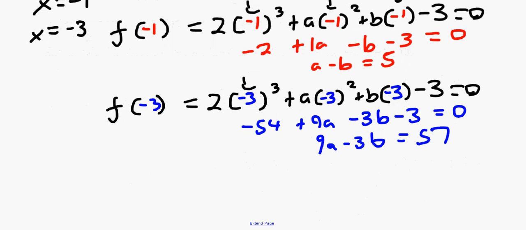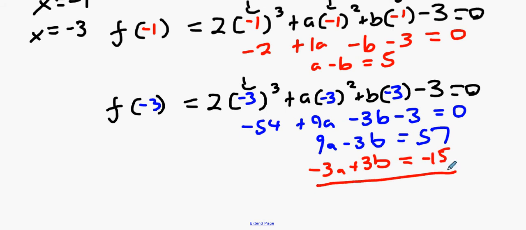Multiply the red equation by minus 3, sorry. Red equation times minus 3. Six a equals, what is it? 42.